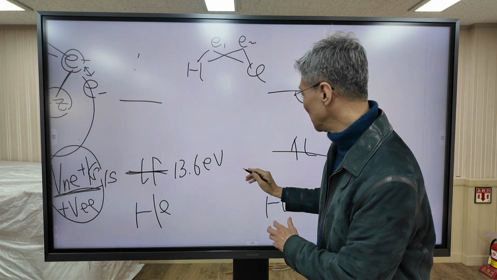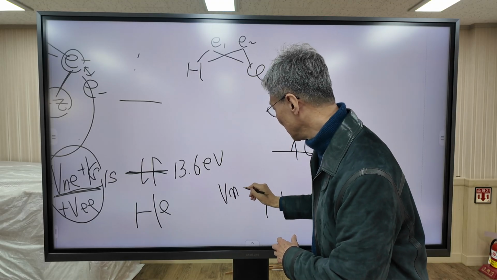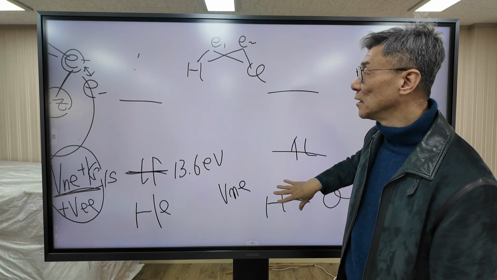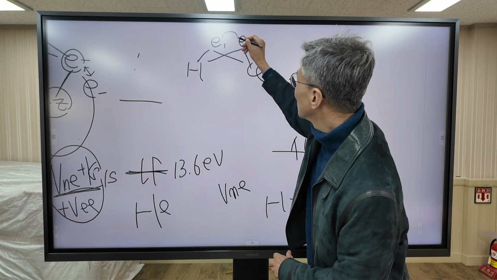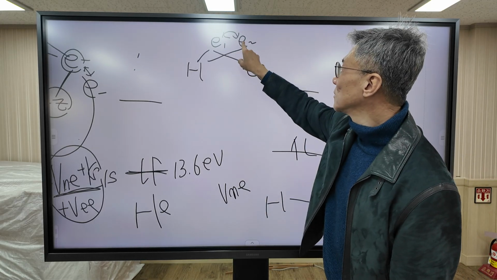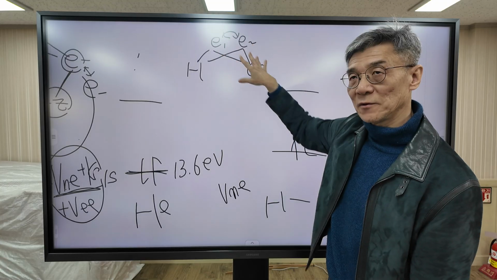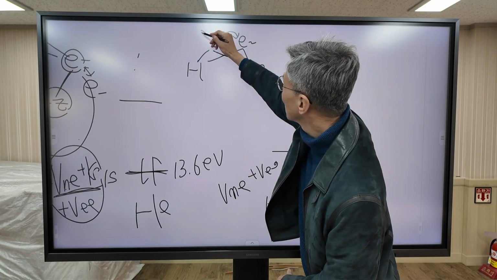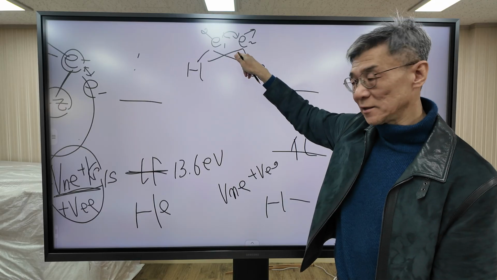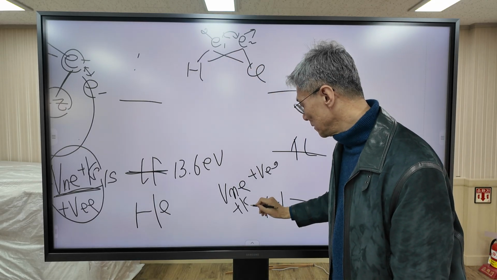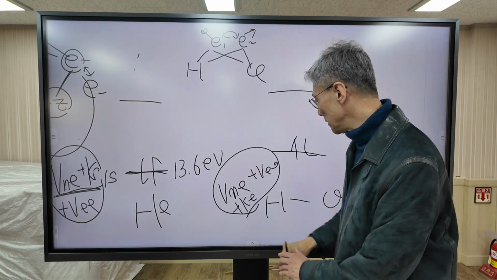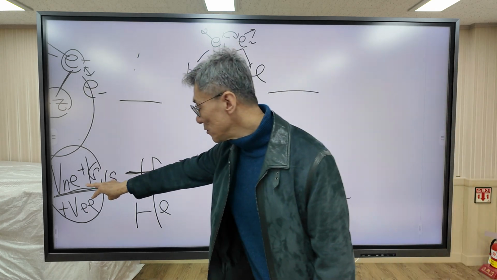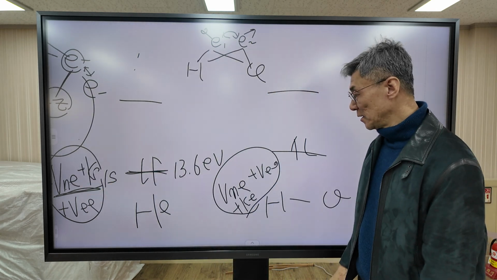So nucleus-electron attractive energy exists, and electron repulsion energy also exists for molecules. And the electron has kinetic energy. So the molecular orbital energy has three terms, same as for atoms, right?